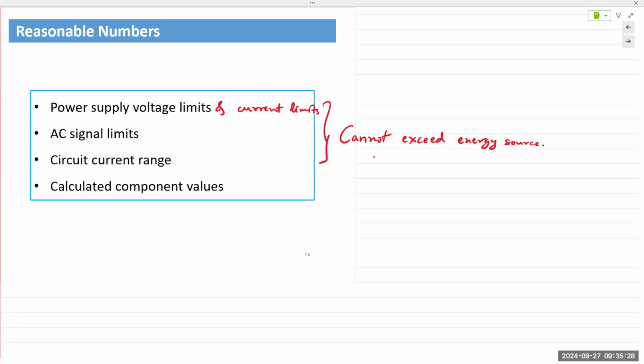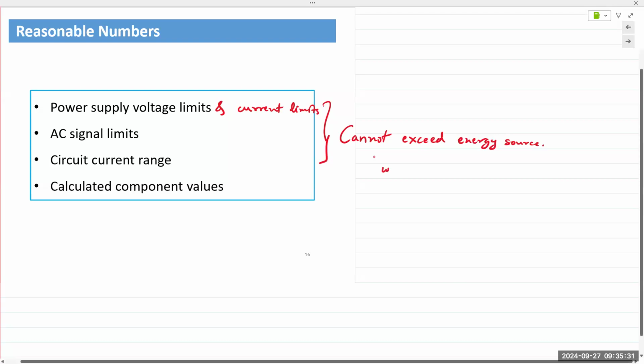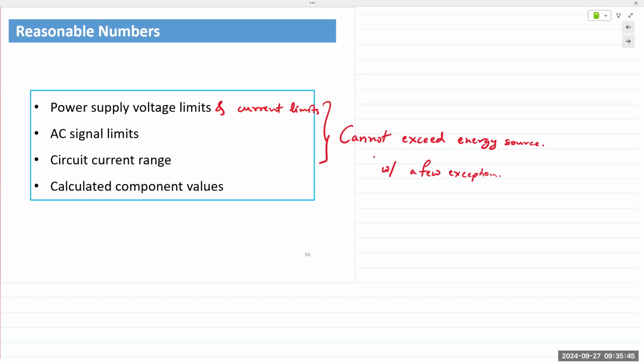This statement is true with a few exceptions. Such as a clamper circuit, where it is possible to get higher voltages. You'd apply an AC source or signal, let's say 10 volts.